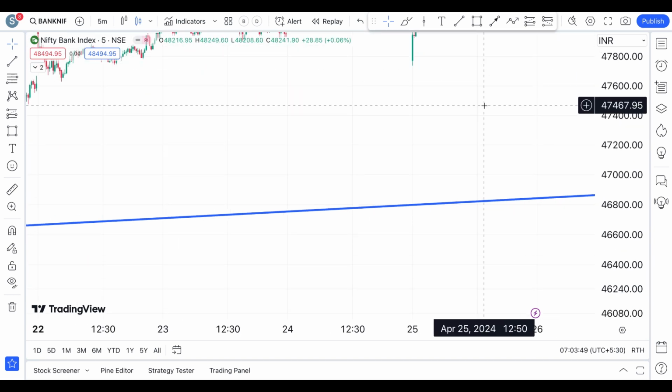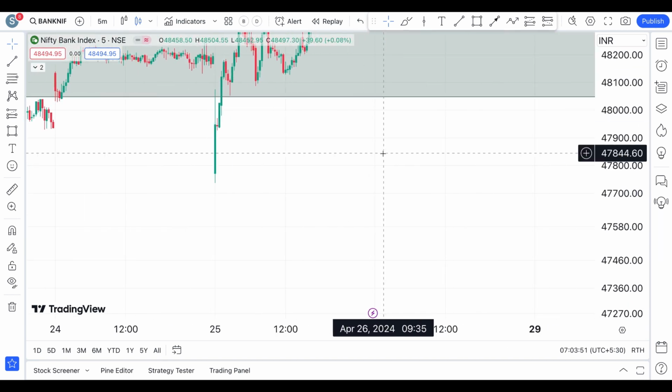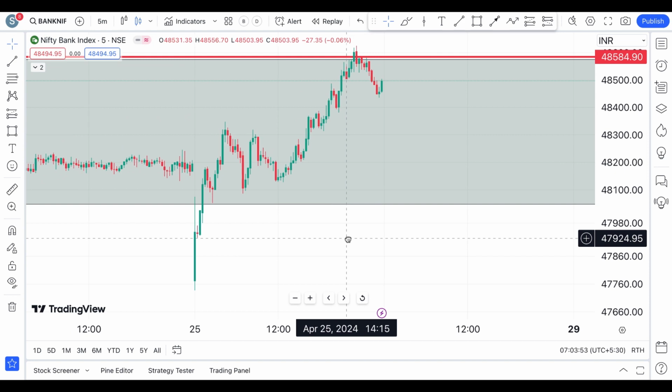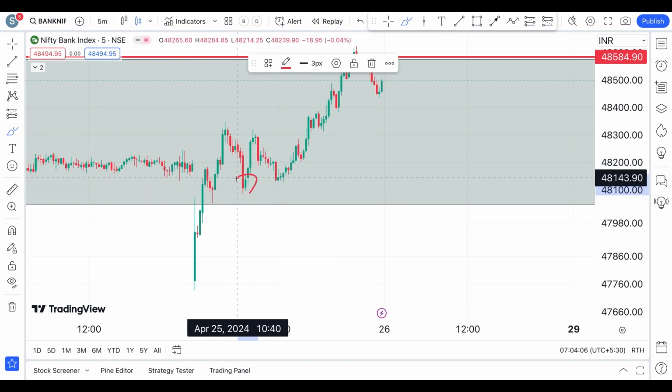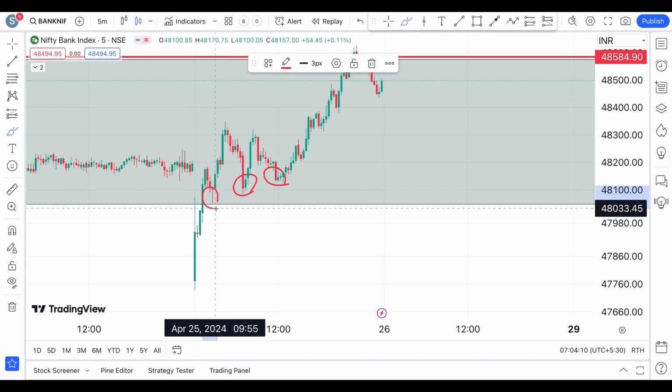Now we are in the 5 minute chart of Bank Nifty. So here in the Bank Nifty, let's see, technically speaking, fundamentally, what is the support? A support is nothing but a swing reaction, where you have seen prices react sharply from there. Suppose this is a swing reaction, this is a swing reaction, and this also is a swing reaction.